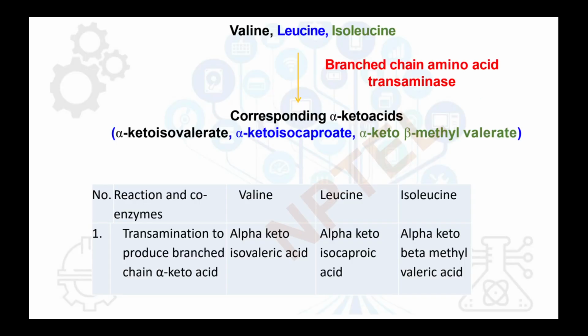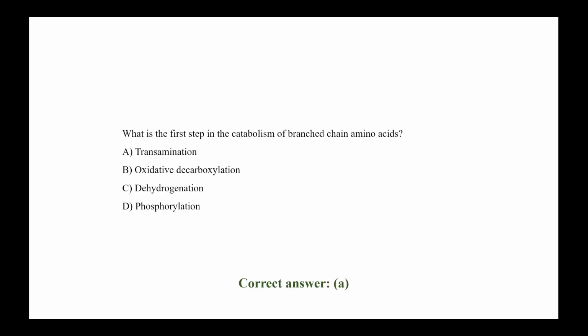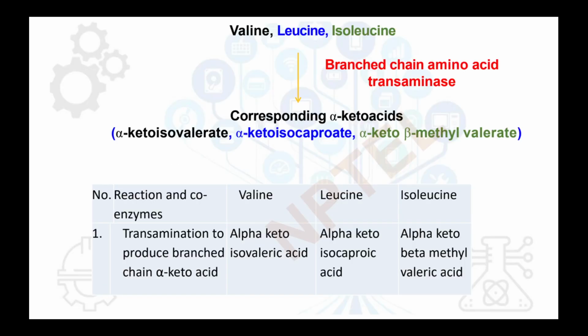So the first reaction is transamination, then comes oxidative decarboxylation and dehydrogenation. These three steps are common in the catabolism of valine, leucine, and isoleucine, the branch chain amino acids.